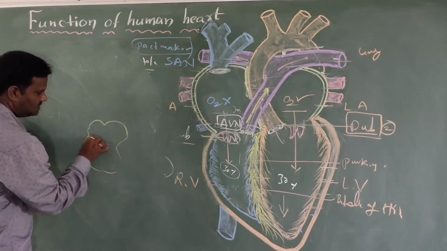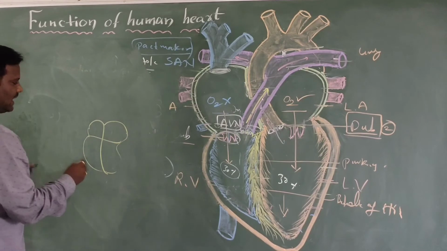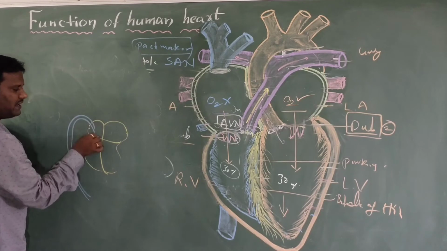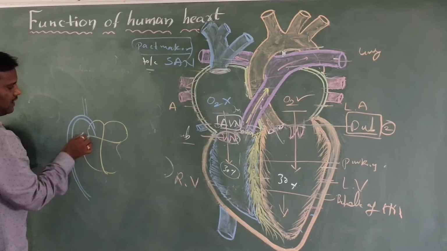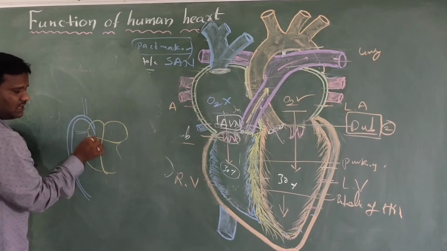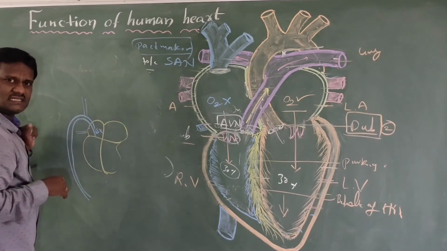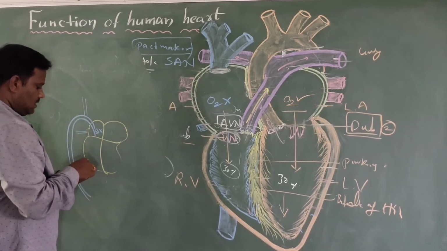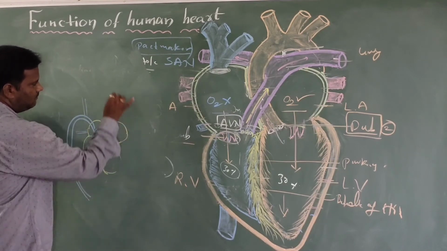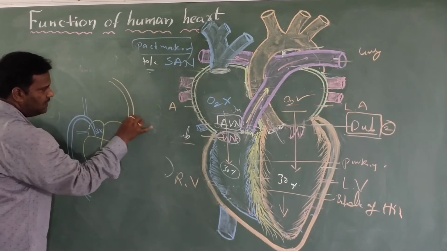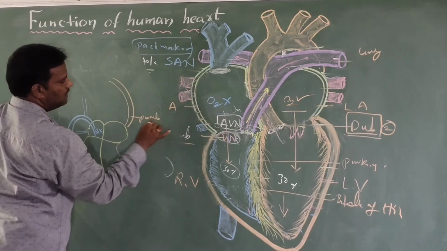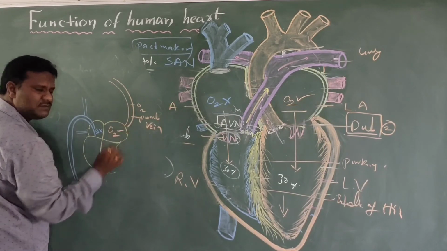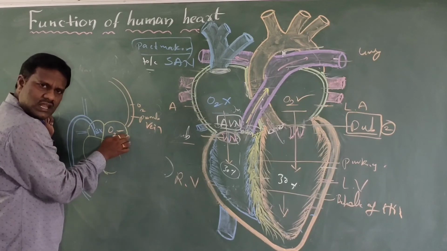This is the heart structure with four chambers. On the right side, the inferior vena cava, superior vena cava and coronary sinus bring waste blood, meaning deoxygenated blood, directly into the right atrium. On the left atrium, the pulmonary vein carries oxygenated blood, meaning fresh blood, directly into the left atrium.